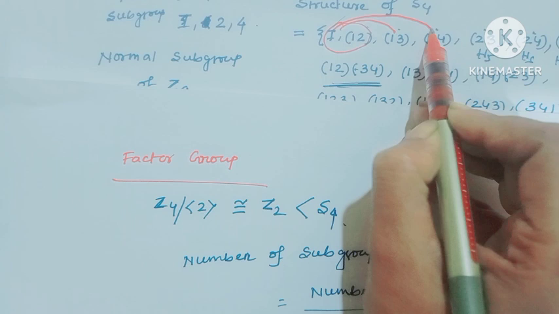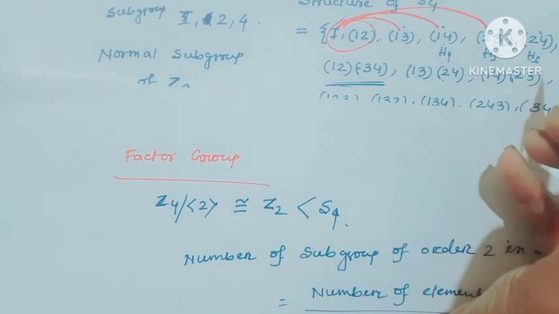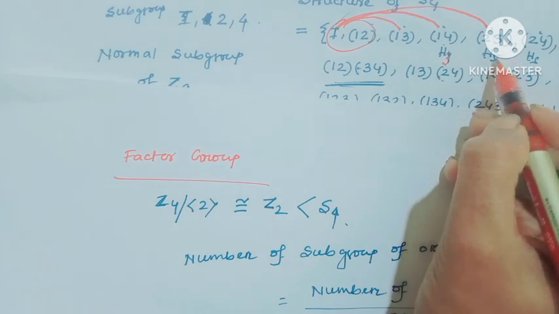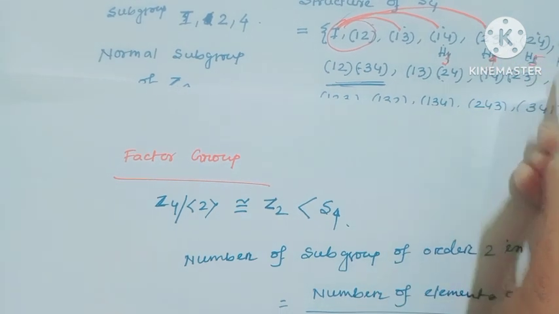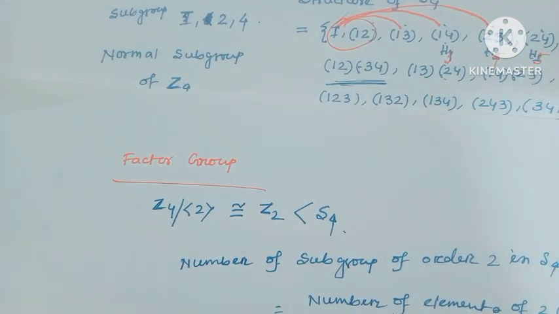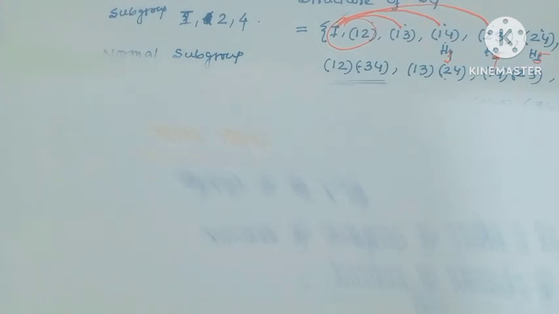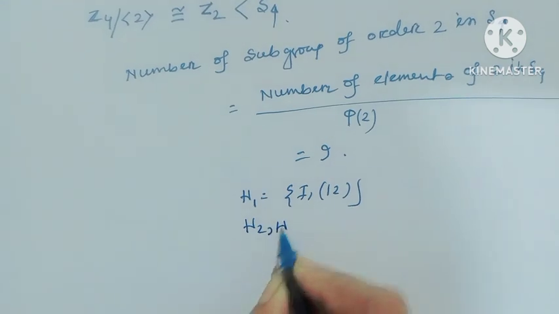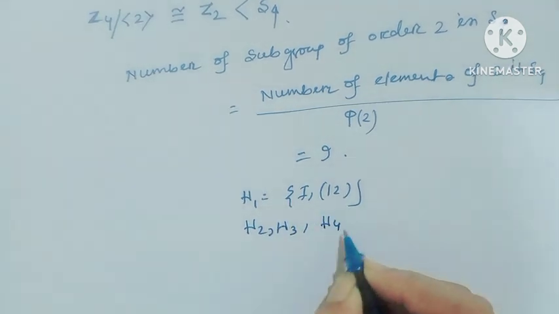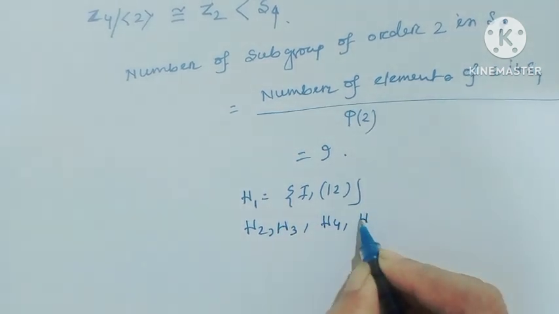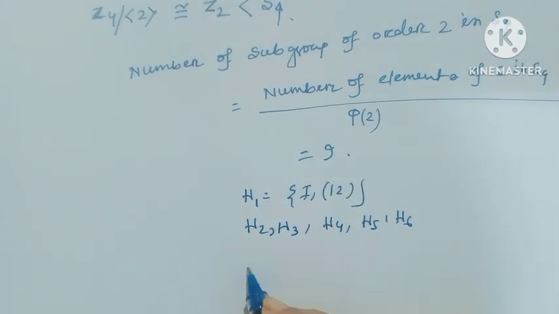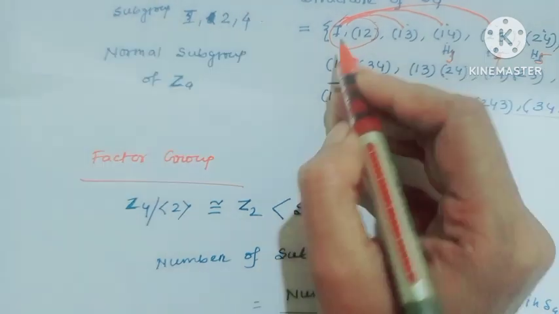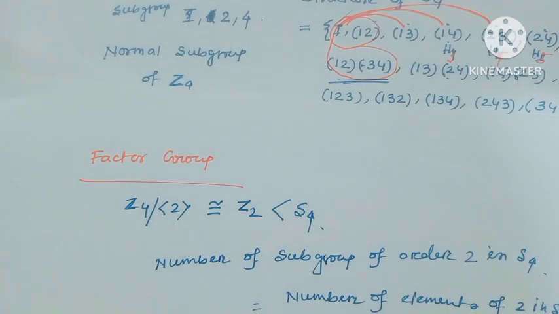Similarly, A3 would be identity and (1 4), A4, A5, and A6 would be identity and (3 4). Similarly, I will get A2, A3, A4, A5, A6. Then A7 would be identity and (1 2)(3 4).